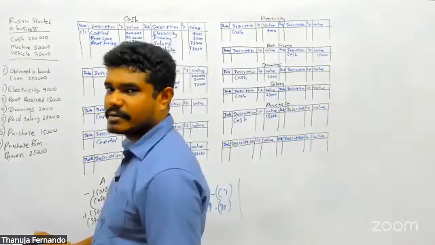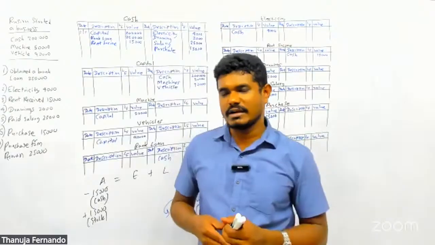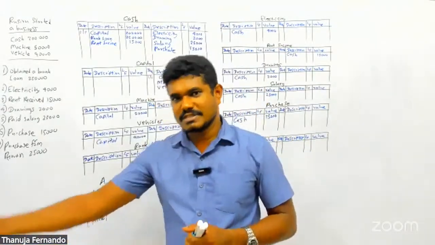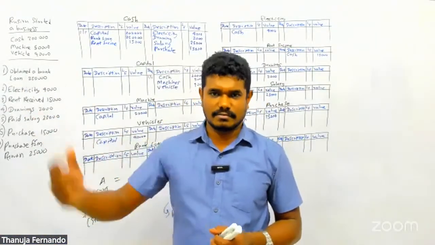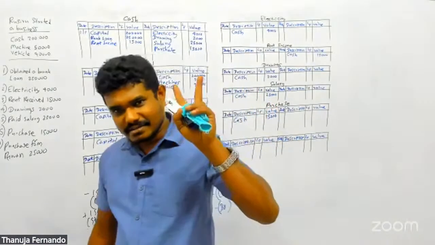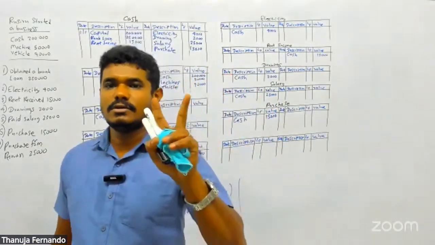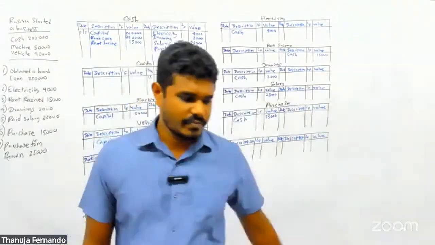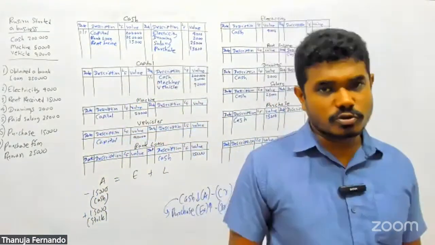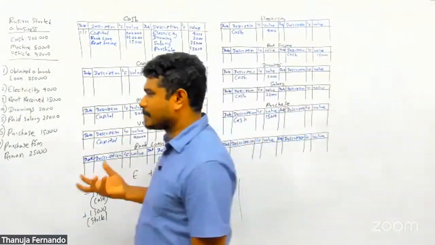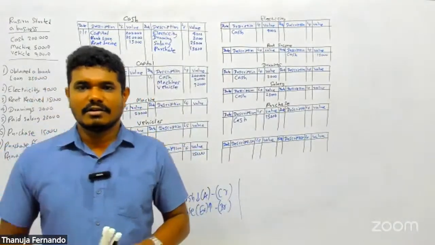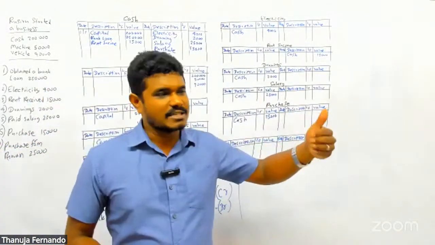So here you have to understand, purchase means buying something to resell. Mainly we are buying resources according to two objectives. One is to keep a profit margin and resell.